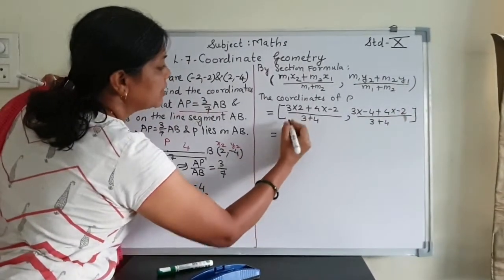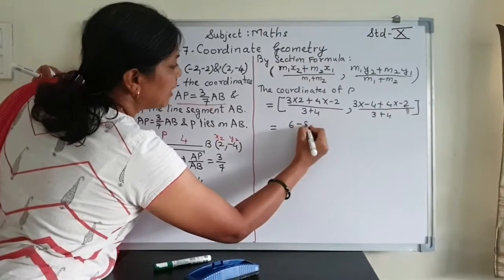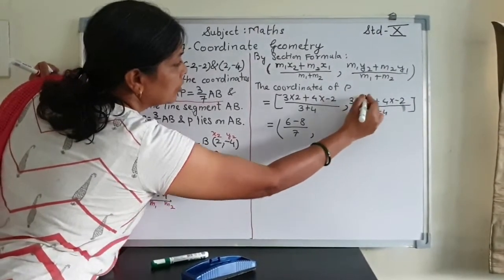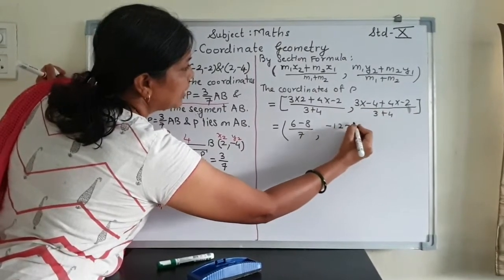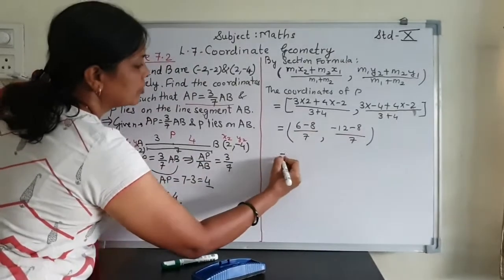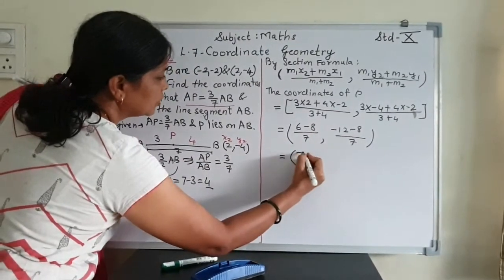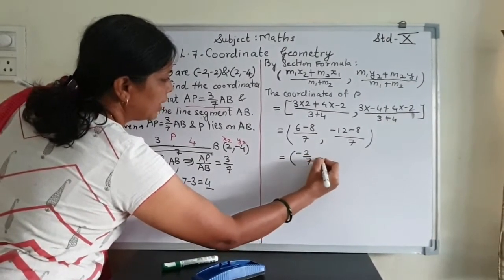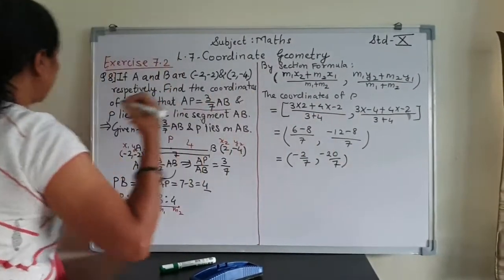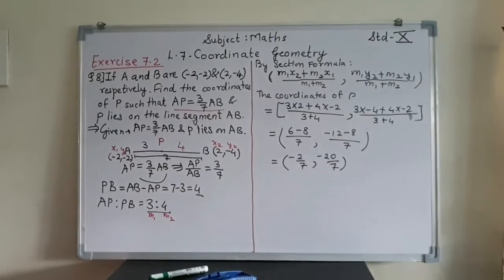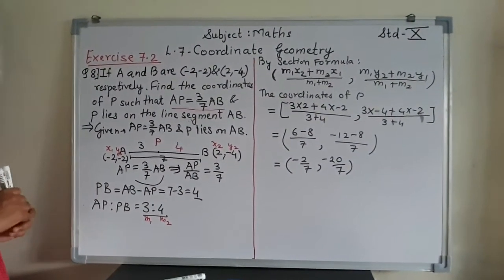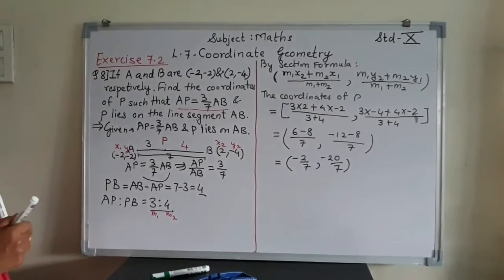Now simplify this. 6 minus 8 upon 7, minus 12 plus 8 upon 7. So this is how we get minus 2 upon 7, minus 4 upon 7. Note this down. Take a pause and note this down. So we will move to the next question.